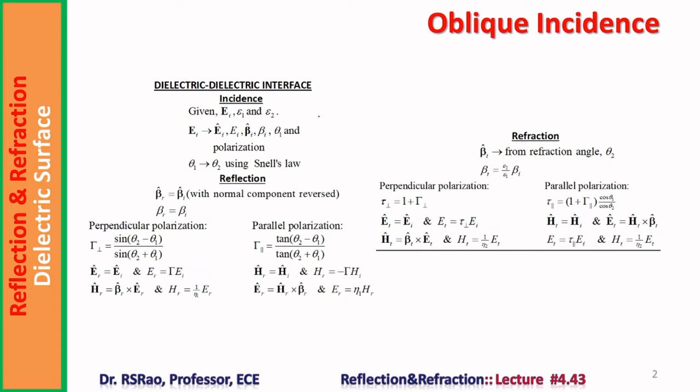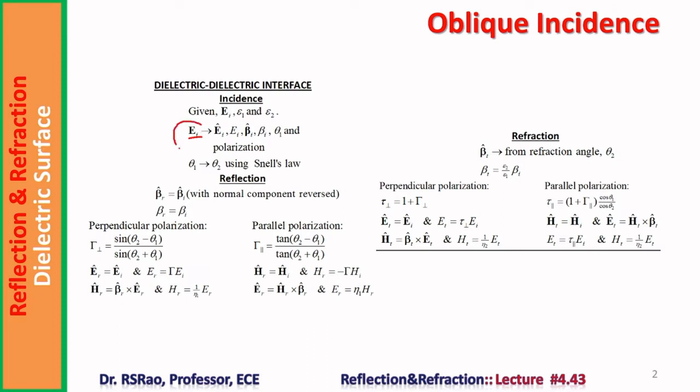Usually, one or other field component of the incident wave is given, either electric field or magnetic field. In addition, epsilon 1 and epsilon 2 are also given. Epsilon 1 is the permittivity of the incident medium, epsilon 2 is the permittivity of the refracting medium. Suppose the electric field in the incident wave is given.